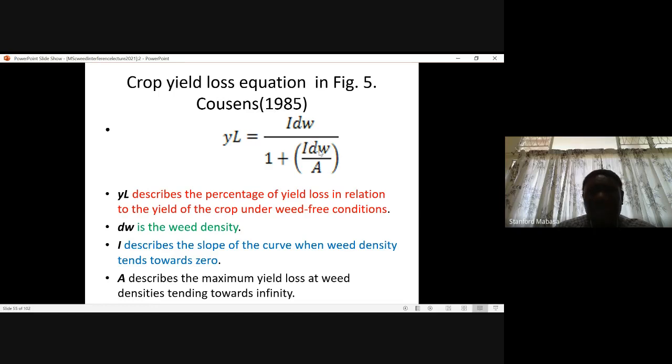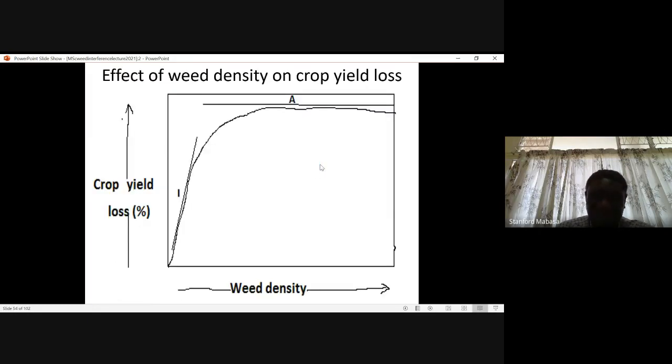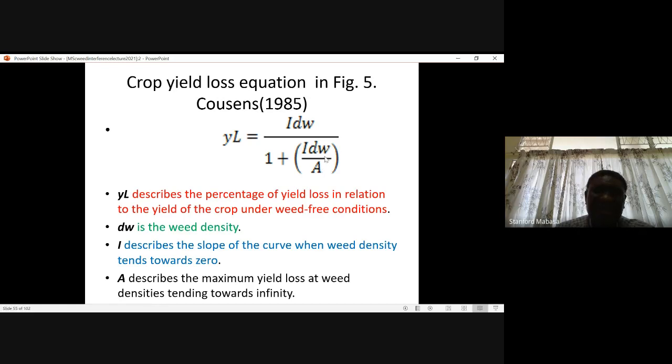This again, value of slope multiplied by weed density divided by maximum yield loss, which is A. So your A here, maximum yield loss, is now in this equation. So this equation defines yield loss.